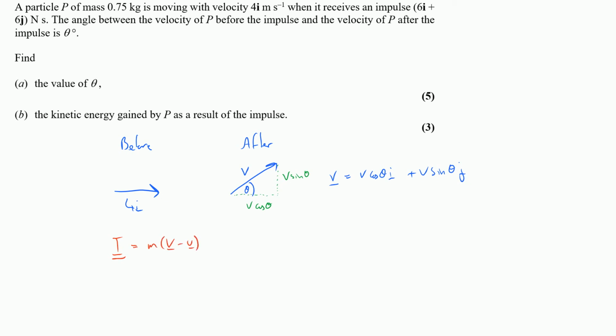Now my vector impulse was 6i and 6j, so let's write that down as 6, 6 is equal to 0.75 lots of v cos theta, v sine theta, again using column notation for ease, and I only had 4i in my previous, so we end up with this situation.